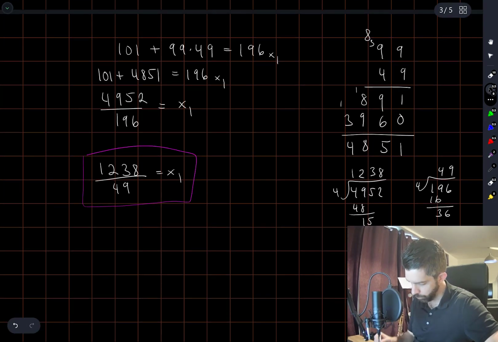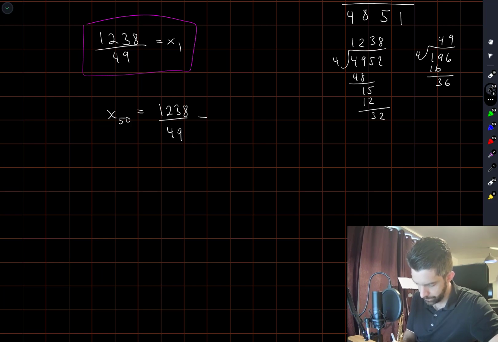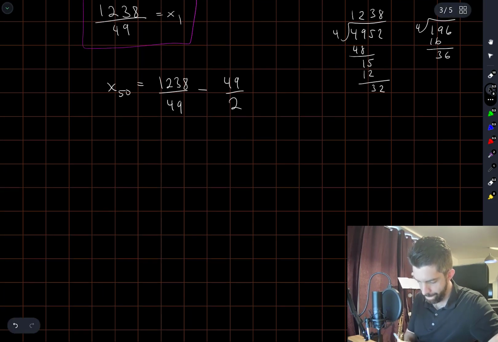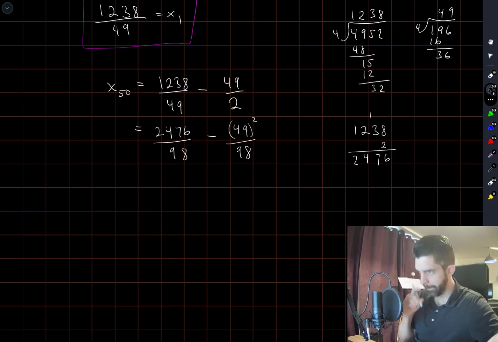Okay, so I have x1. This tells me that x50 is equal to 1238 divided by 49 minus 49 over 2. Oh, goodness, okay.